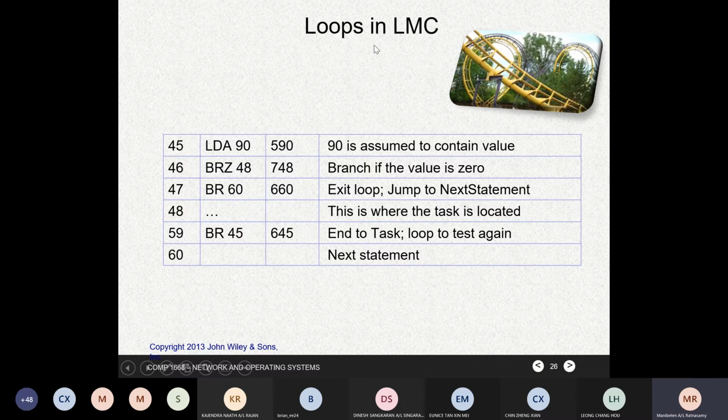This is what we call loop. Break at 45 means you go here and you break. So that's how things need to be understood when you look at all this. That's why I say this is a bit difficult to remember, easier to remember mnemonic.